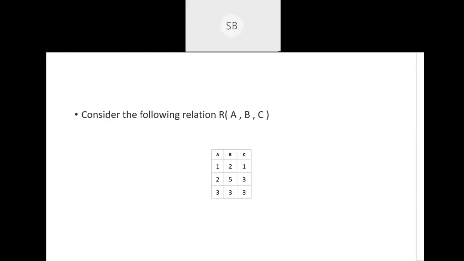So here also we have a table, the same as the previous one, ABC. Here also we are decomposing.